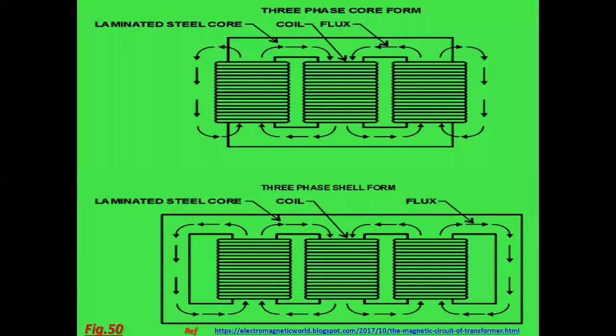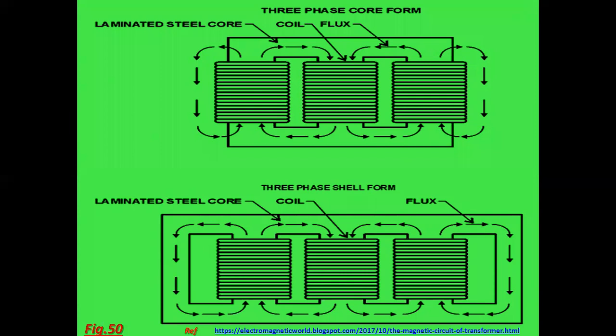See the diagram. One is core-type transformer, another is shell-type transformer, three-phase. The flux linking right side and left side in core-type transformer is just outside. That is, it flows through the tank cover.